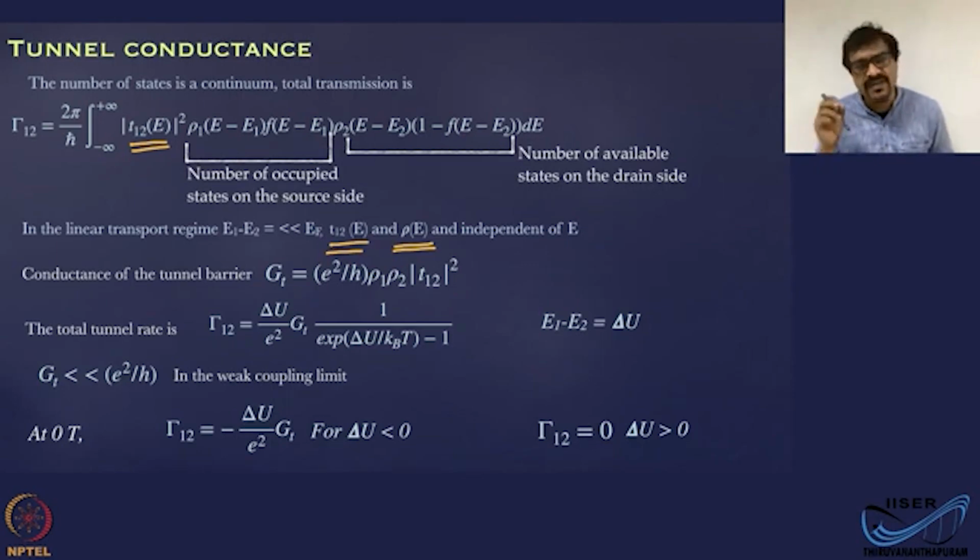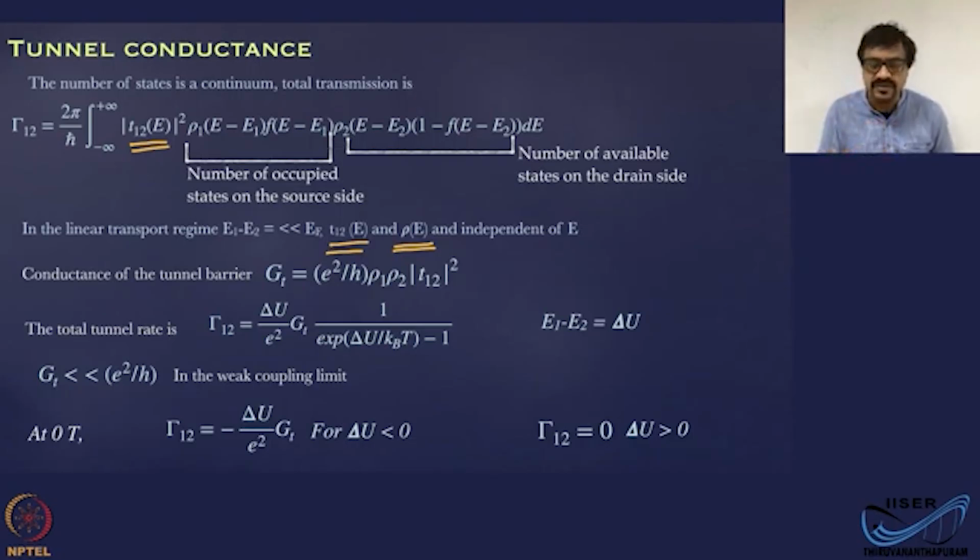Okay, we are working in the linear transport regime. That means it's just at the surface of the Fermi sphere, where the variation due to energy is very small. That is where the transport is happening.